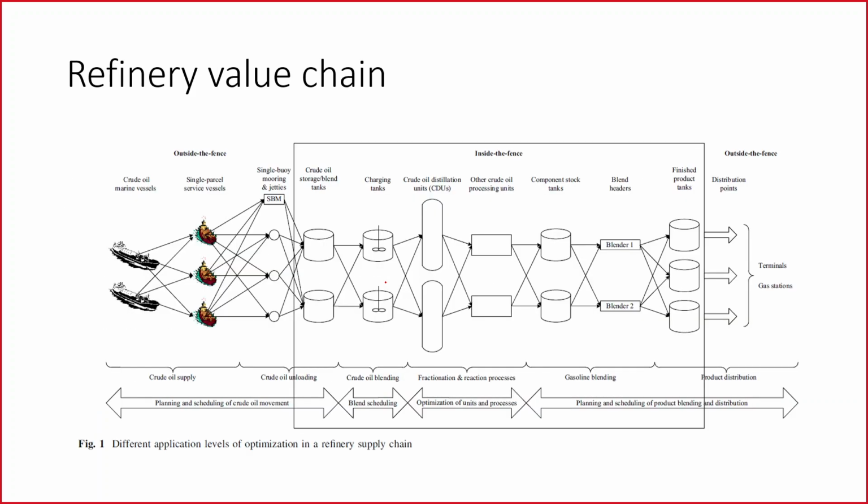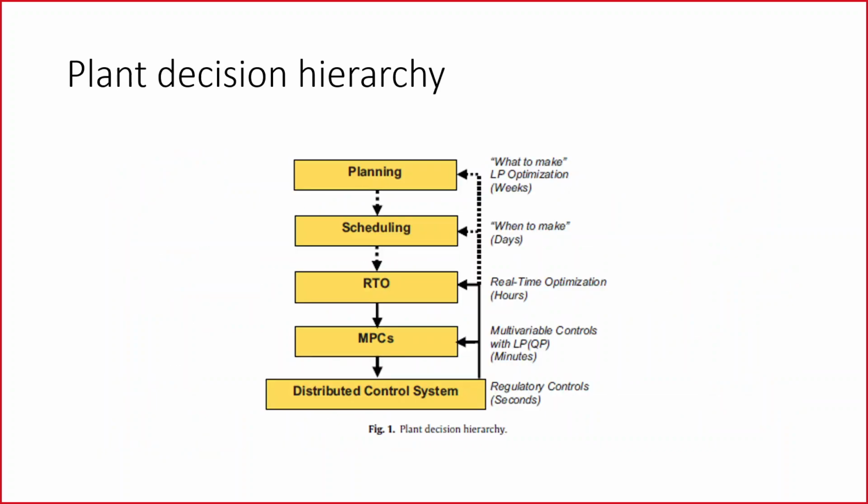If we look into the refinery as a whole, we have to look into the refinery value chain. What I mean by that is the moment that we get our crude oil, we ship it to different locations, and we purchase it from different locations, and we ship it to our storage tank in maybe Johor Bahru or Malacca or Kerteh.